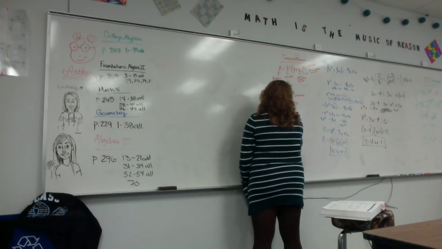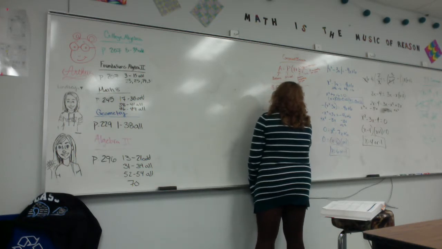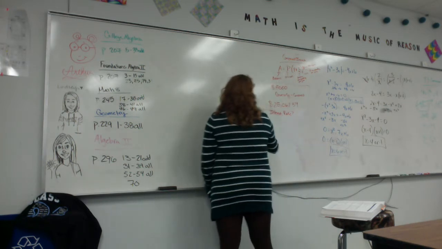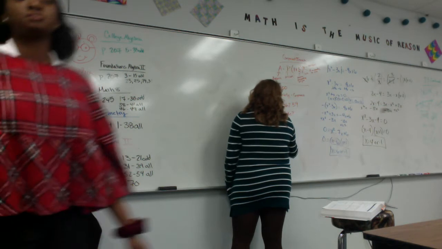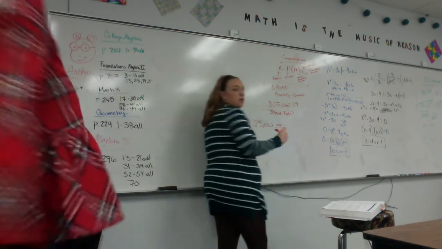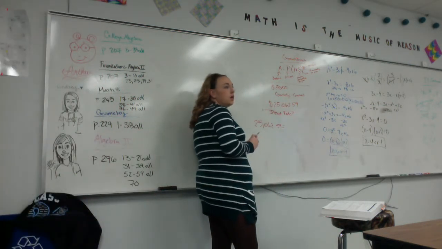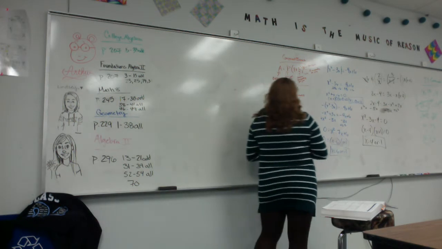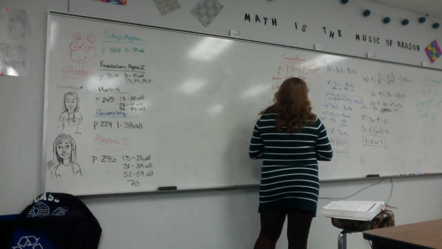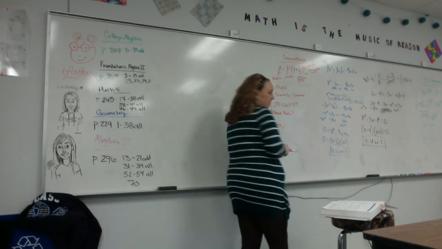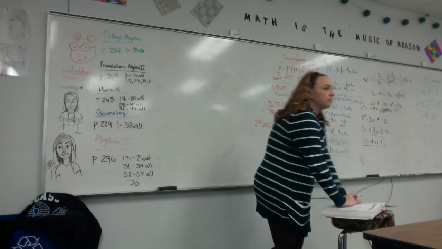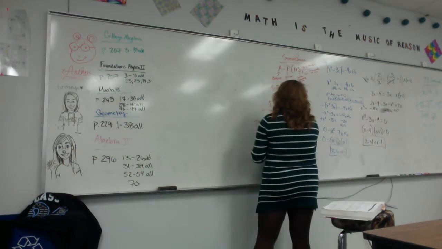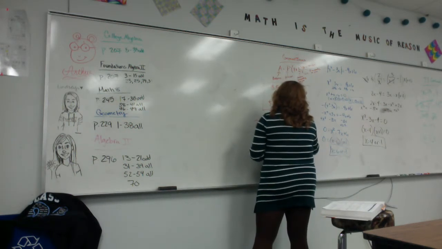25,000, or 25,062.59, whatever the number is, equals 5,000 times 1 plus R over, my rate. We don't know what our rate is. What's the principal? The principal is what you started with.